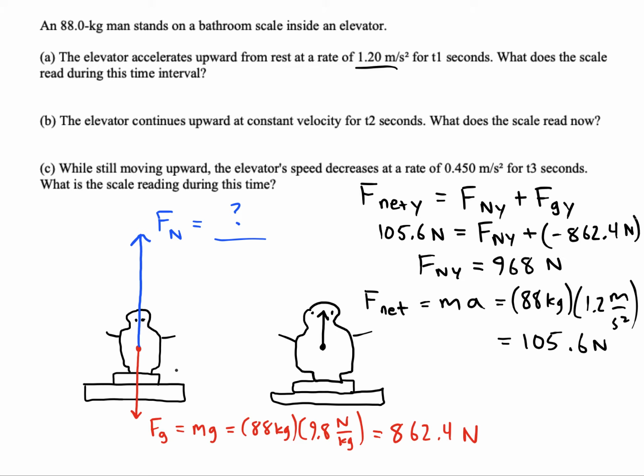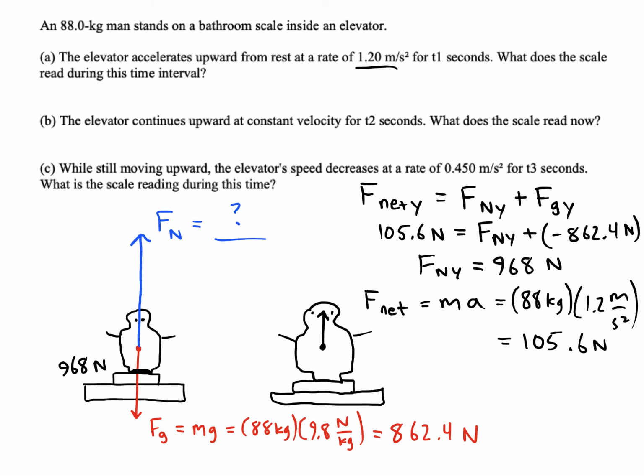That normal force is between the person's feet and the scale. And so the scale is going to read that rather than reading its actual weight. It's going to read what would be considered like an apparent weight. So we got 968 newtons on the scale.